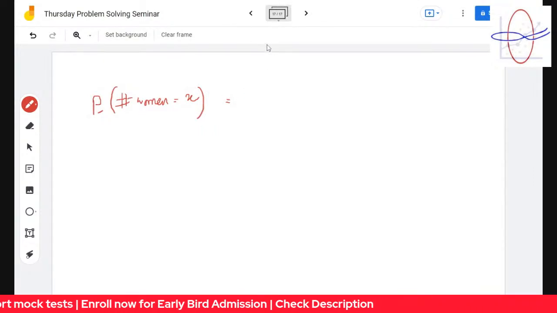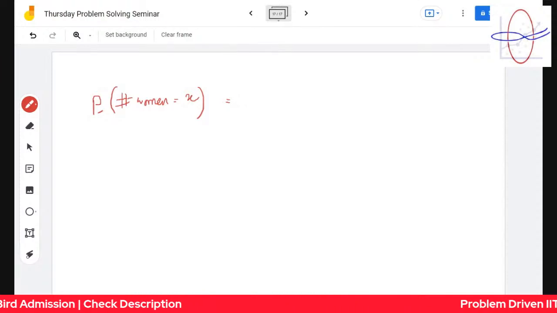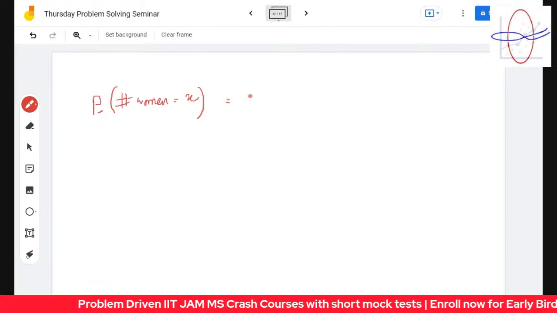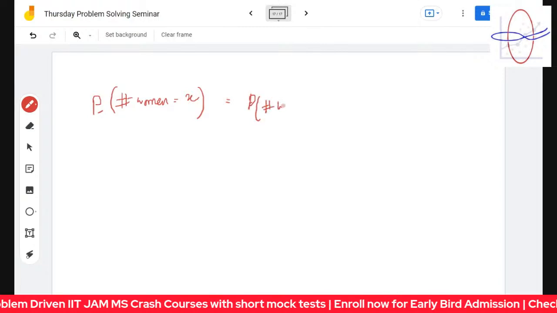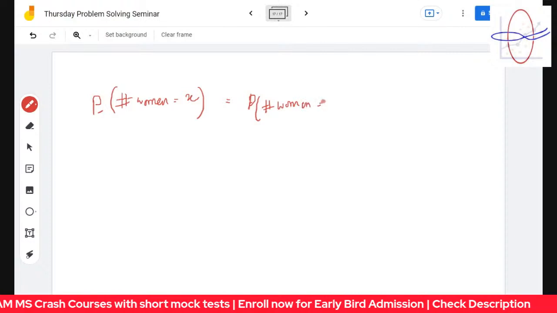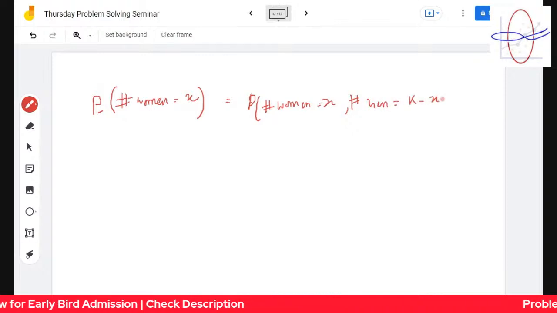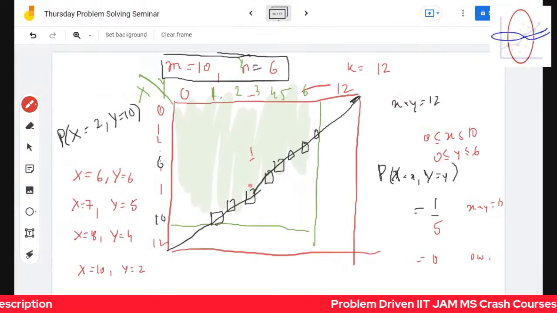So we know the probability in terms of committee size, and we also know that only one number of women is possible: the number of women is equal to X and the number of men is equal to K minus X. This is the only case possible, and you can understand from the diagram.